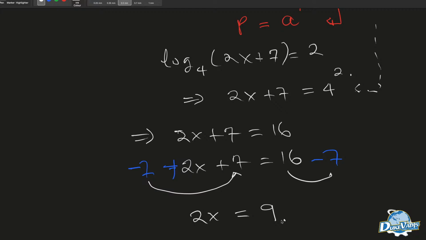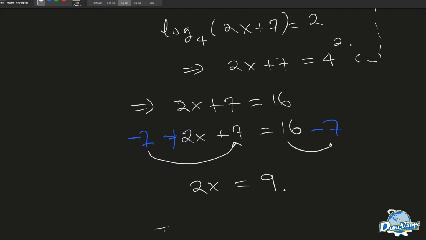So this implies that our answer to this question will be x equals 9/2. That's beautiful. It's as simple as that.